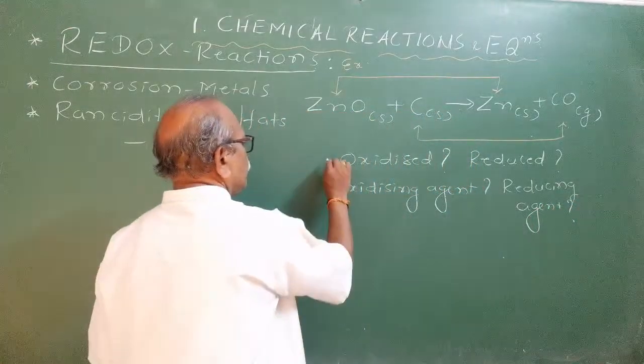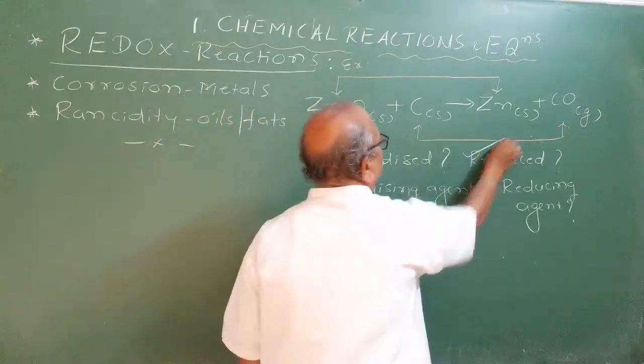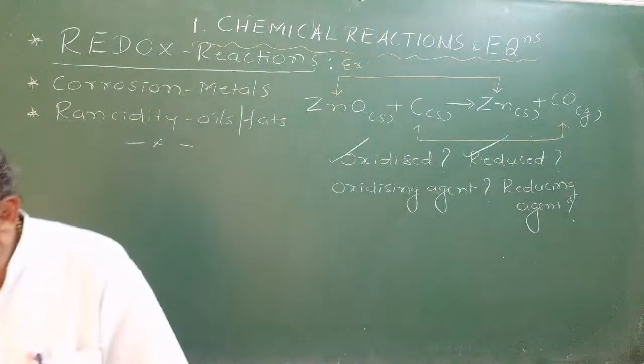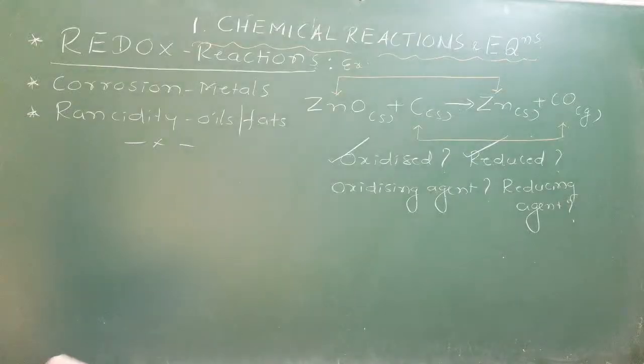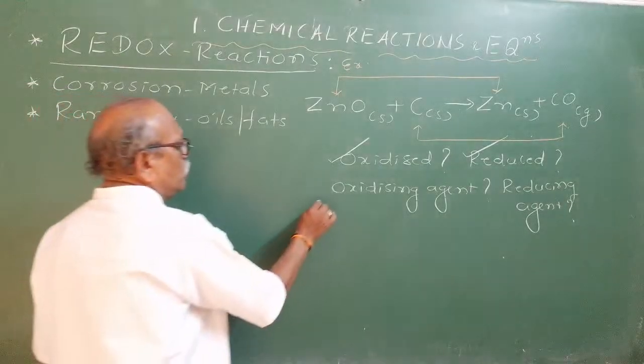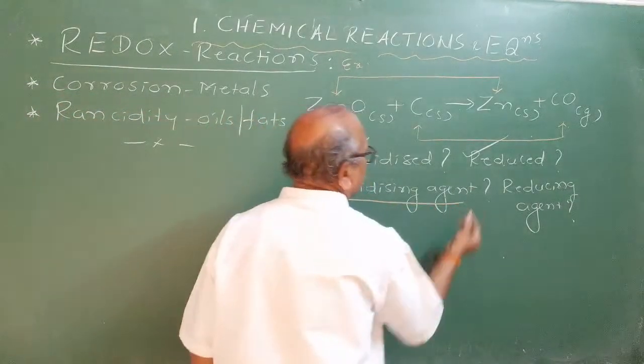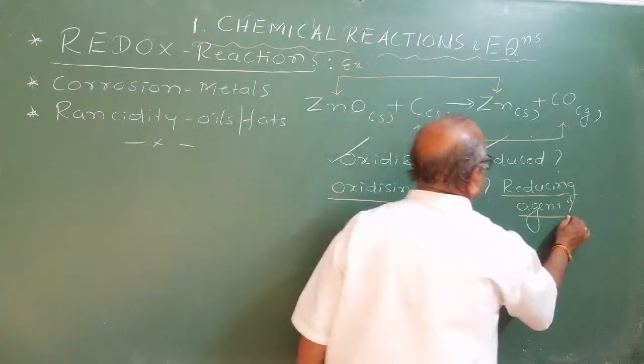Last class we studied what is oxidized, what is reduced. I hope you have a clear understanding of that. Now we have to learn what is an oxidizing agent, what is a reducing agent.